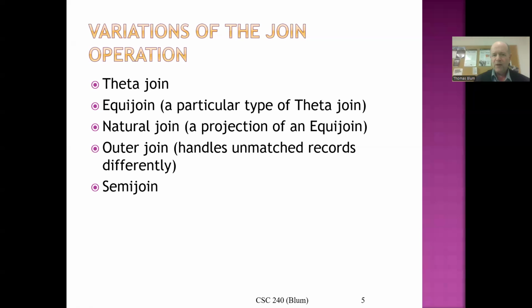And so far we've been talking typically about what we call inner joins. And then if we start to worry about, well, what about the records that didn't match? Then we might keep them along and get an outer join.